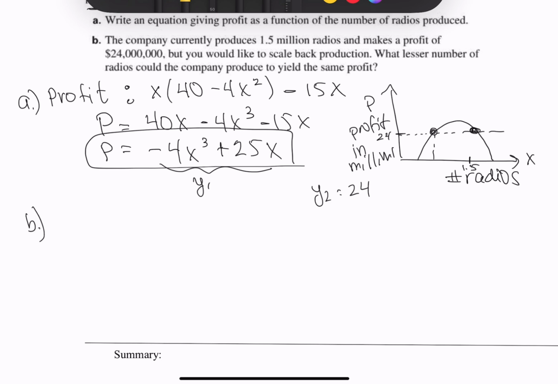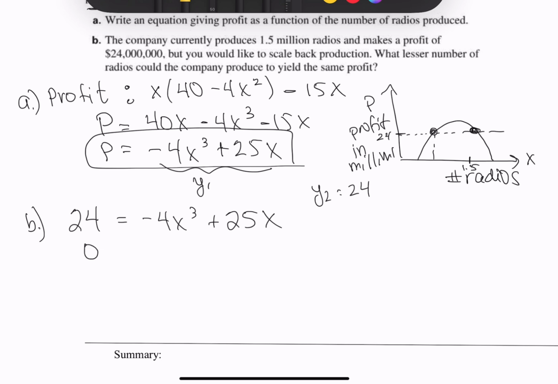So for B, I'm going to write an equation. I am going to take the profit that I want, the 24 million, and set it equal to the profit function. Now from there, I'm going to put this in standard form.